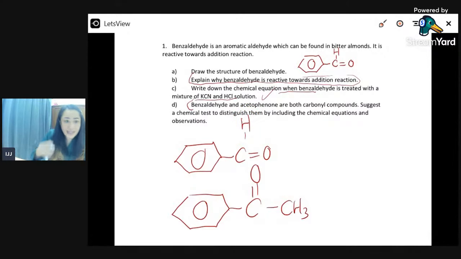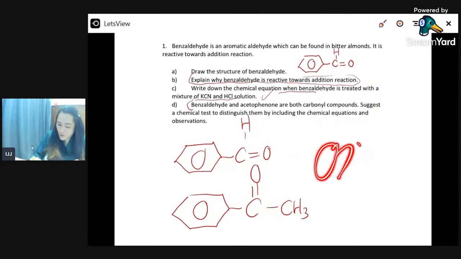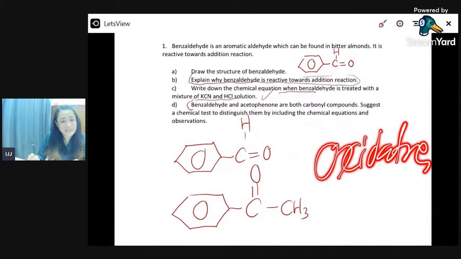Because of this extra hydrogen, your aldehyde can undergo oxidation because of the hydrogen on the carbonyl carbon. But in ketone, carbon tidak ada hydrogen. Jadi untuk bezakan aldehyde and ketone, mainly you actually use oxidation reaction.